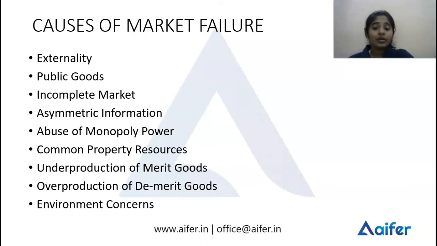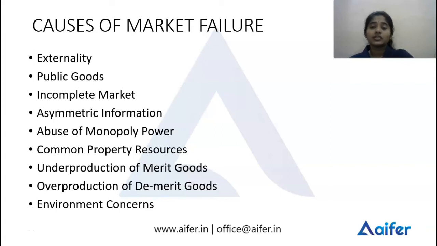Then overproduction of demerit goods. We know that demerit goods are socially undesirable goods, right? And when these goods are produced more than enough, when there is overproduction of demerit goods, market failure can occur. Okay, then there are environment concerns. It also leads to market failure.